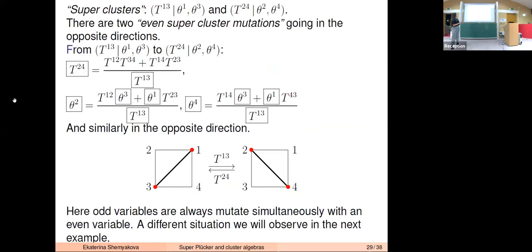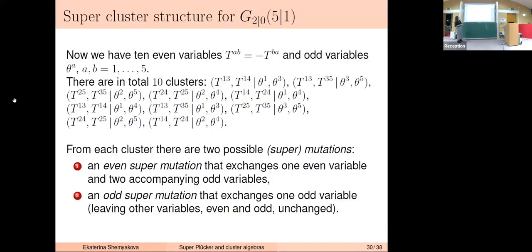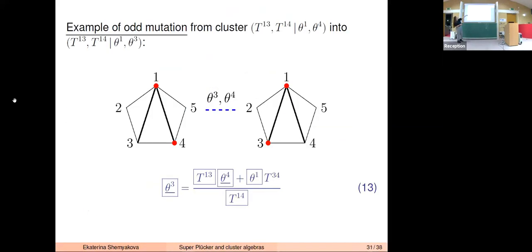So let me just show you the functor now. How much can you understand this? In the case of just 2, 4, like 2 planes and 4, you have just a simple exchange like this: this dumbbell exchanges with this dumbbell. Now you know the notation, it's easy, so this formula, and the cluster you know yourself, it's t13, t1. Now, what happens in 2051, which one I was explaining?